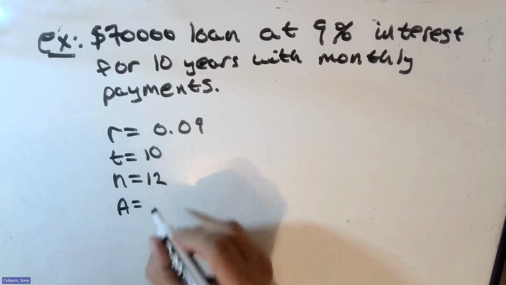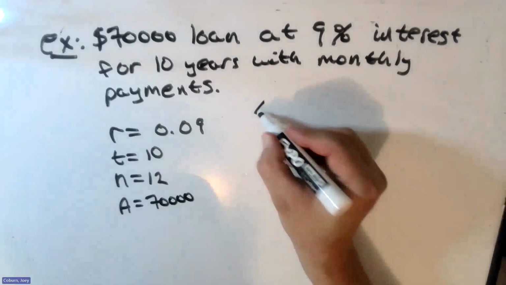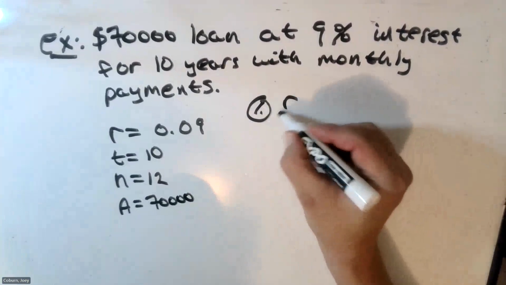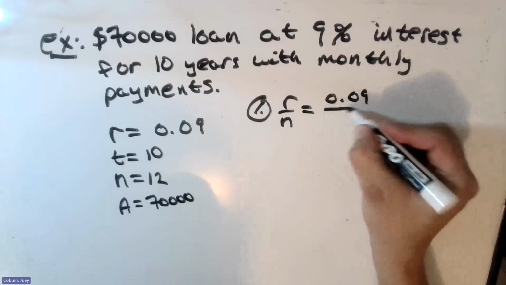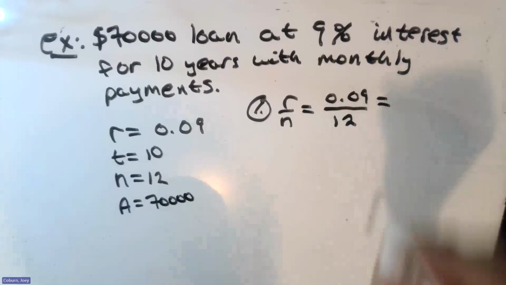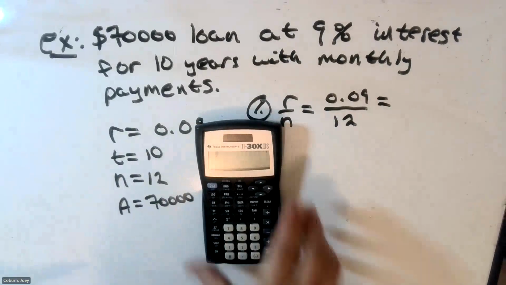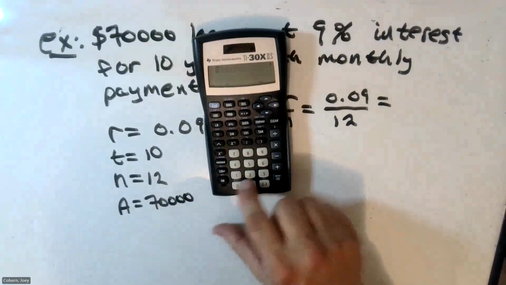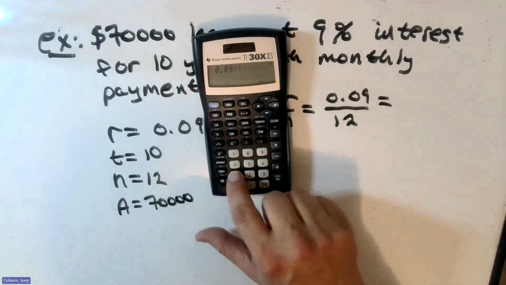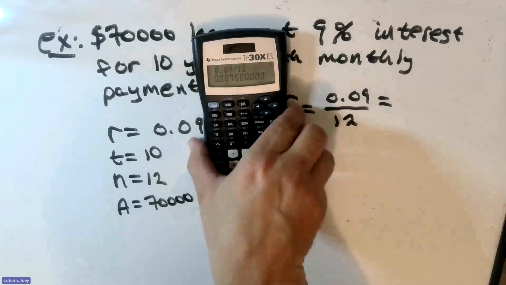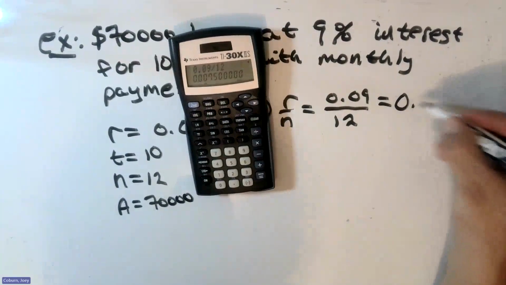And we're borrowing 70,000. Now, first number we want to get, R over N, or 0.09 divided by 12. And here, let's get the trusty calculator. 0.09 divided by 12, and that's going to give 0.0075.